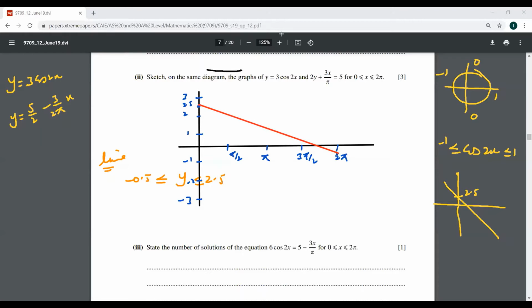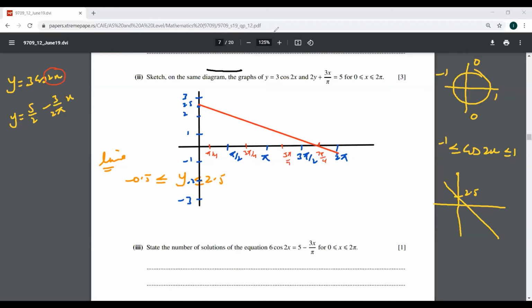Next I'll be drawing the curve. Guys, you know that to draw this curve, because of this 2x over here, you need to divide all these intervals into two parts. Do you remember this or not? Yes? Okay. So this is going to be pi by 4, 2 pi by 4, 3 pi by 4, this is 5 pi by 4, this is going to be 7 pi by 4.